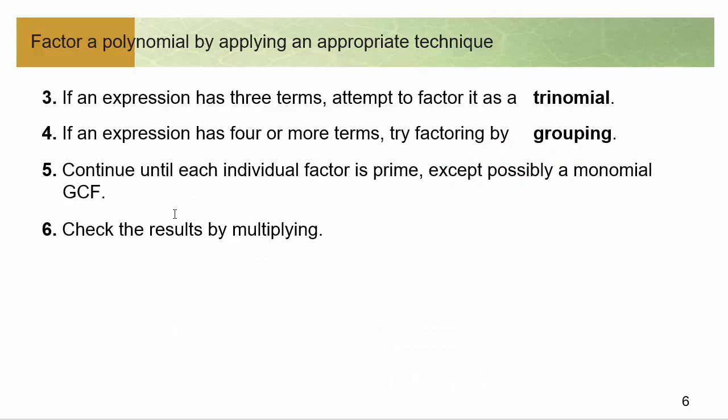If the expression has 4 or more terms, factor it by grouping. Group some things together and then see if you can pull something out of that factor. That usually only works for even powers, so 4, 6, 8, things like that. But especially in these types of classes, you're probably not going to see anything more than 4 anyway.